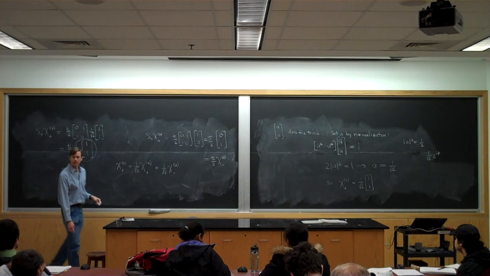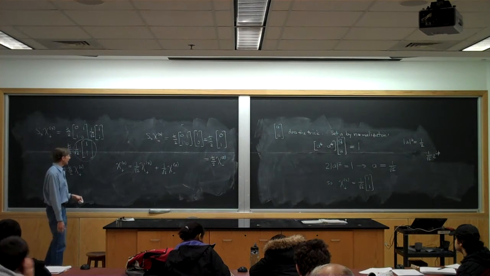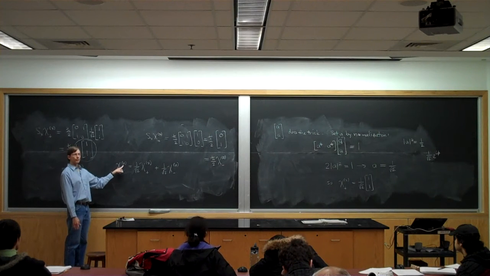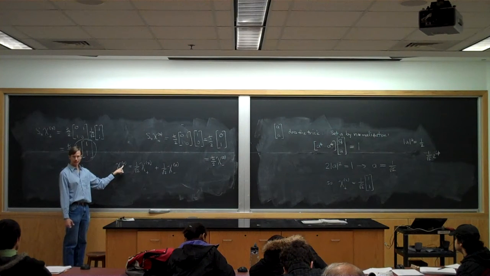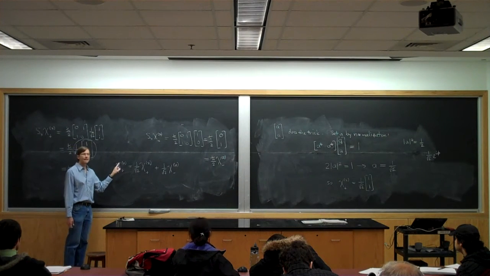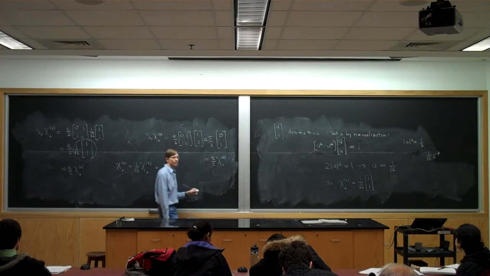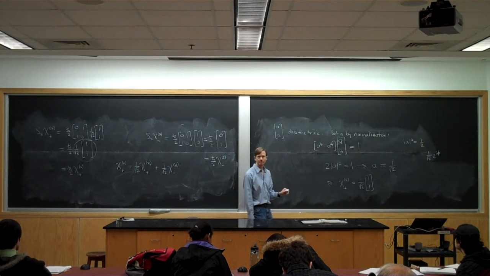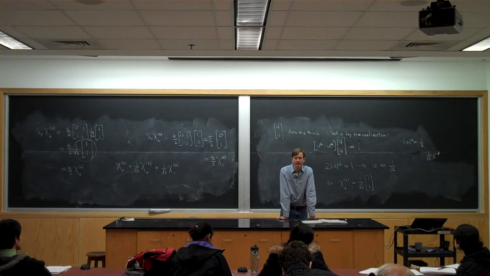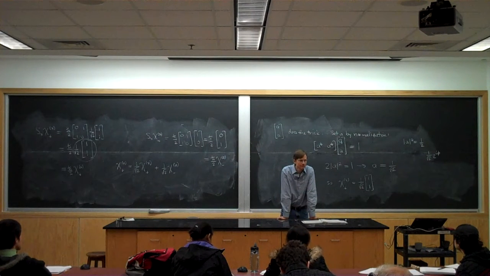So suppose I have a particle, an electron, and I measure its x component of spin, and I get plus h bar over 2 as a result. And then I measure the z component of its spin. What possible values can I get, and what are their probabilities?